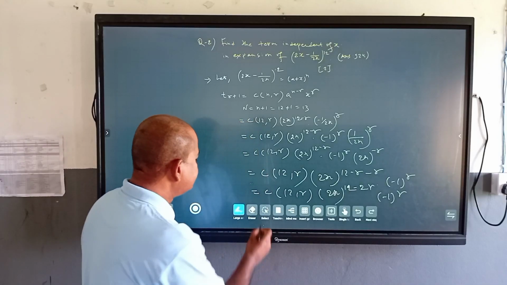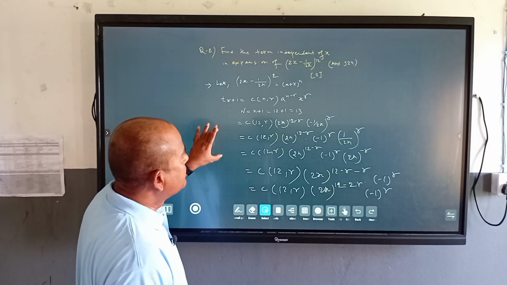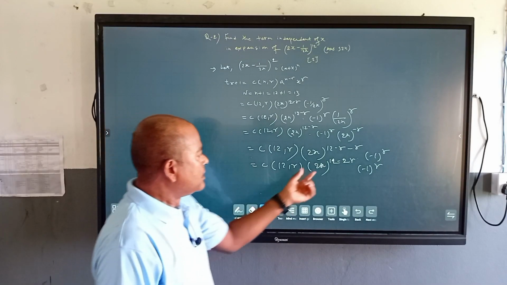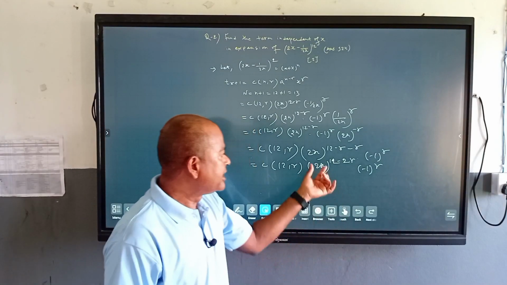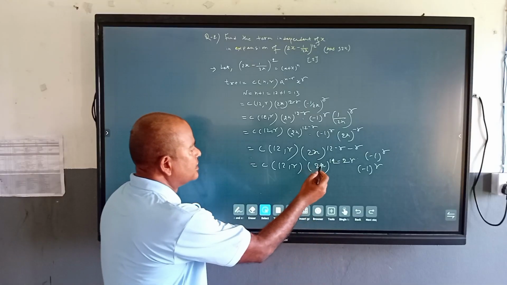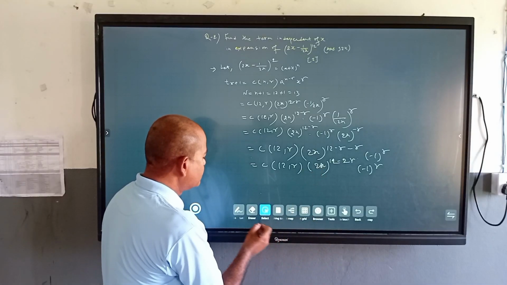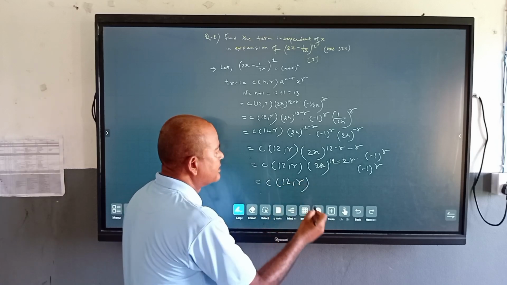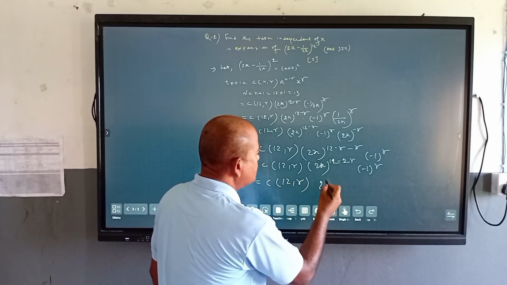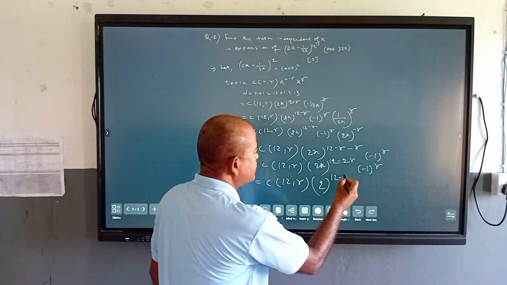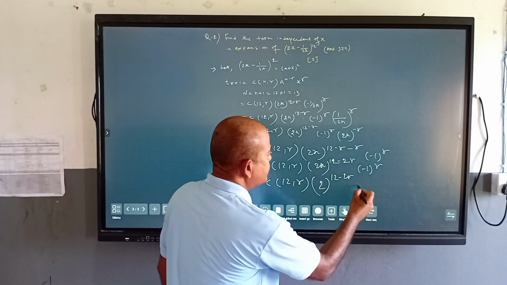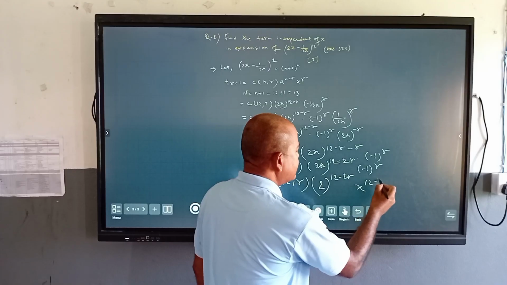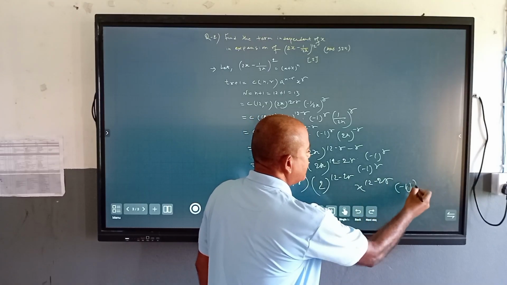So dear students, now we are going to compare the variable term. So we can simplify it one more step. C(12, r), and this we can write 2^(12−2r), and this is x^(12−2r) as it is, and (−1)^r.